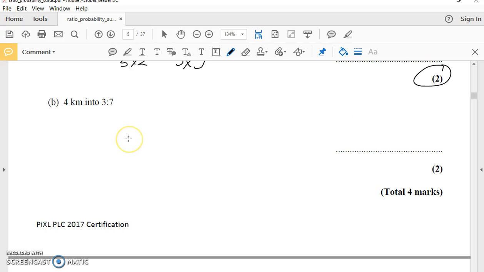Okay, 4 kilometers into 3 to 7. So if I think about this, 3 plus 7, I have 10 total. If I take 4 kilometers, divide by 10, that leaves me with 0.4 kilometers for each piece.